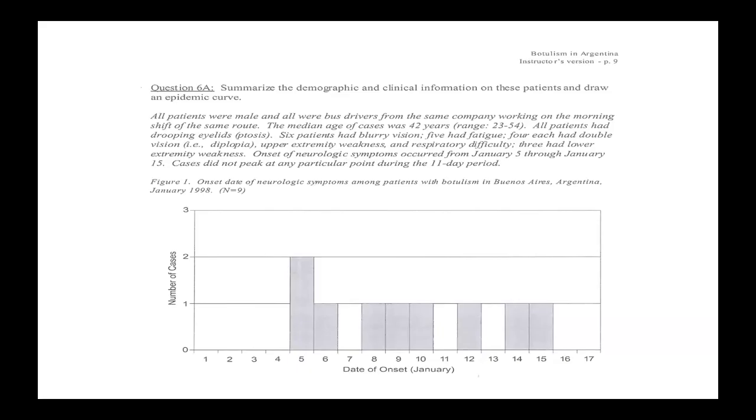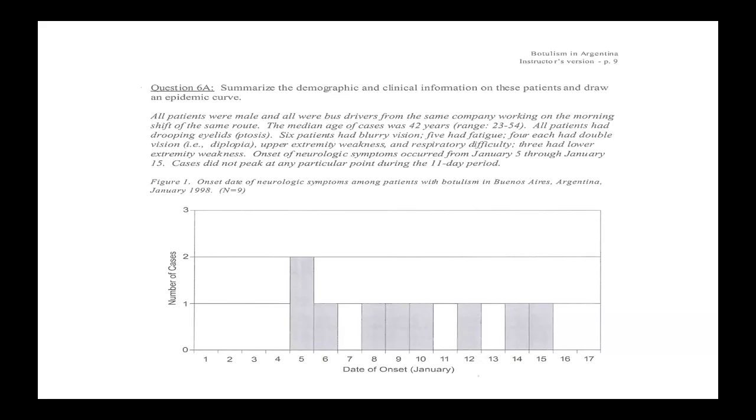Okay, so we looked at the last case and the maximum time, 10 days from January 15th would take us to January 5th. And they said the minimum incubation period was 6 hours. So that first case would have been an exposure of 6 hours before.